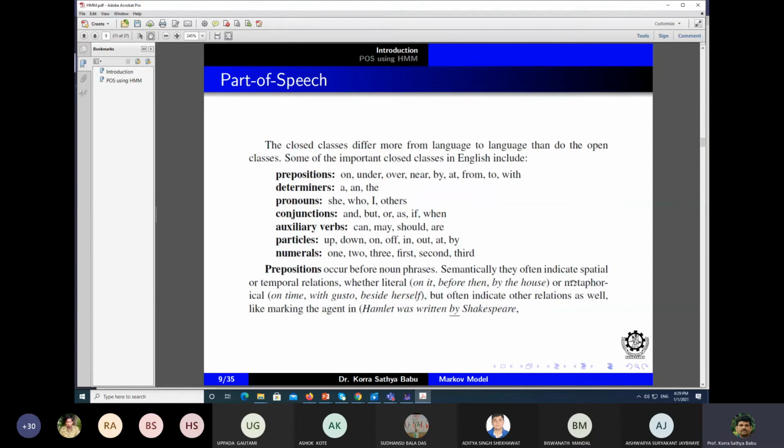Conjunctions join two phrases, clauses or sentences. Coordinating conjunctions like and, or, but join two elements of equal status.